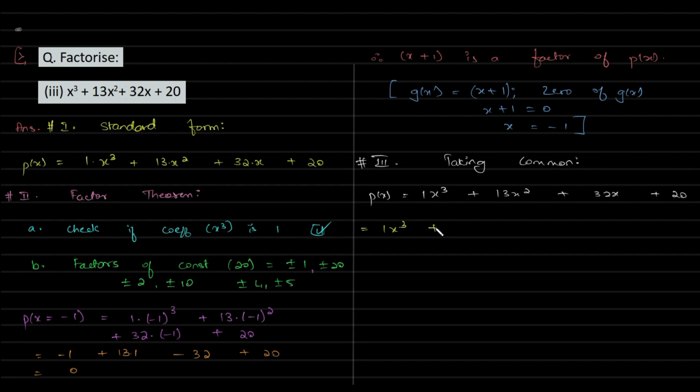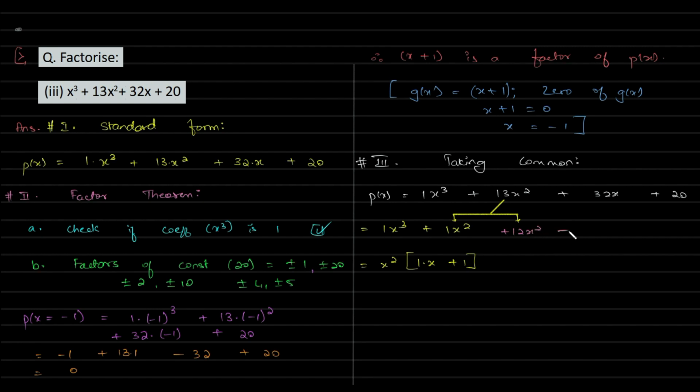What should I write over here so that I'll be able to get x plus 1? 1x square. So when I take x square common, you're left with 1 into x plus 1. So what will you end up writing in the second position? Remember, this position needs to have a value which will add up to 13. That should be plus 12x square.